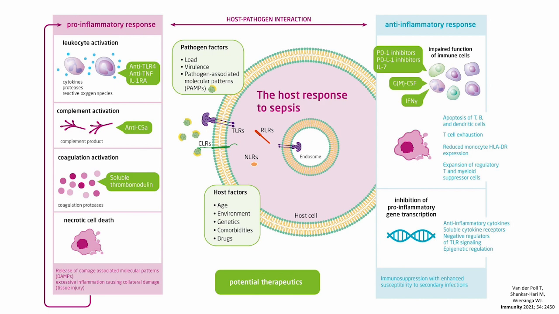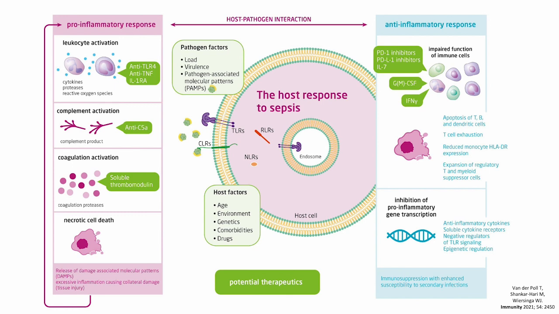This slide represents an overview of immune aberrations that we currently consider to be important for the pathogenesis of sepsis. On the left-hand side, you see pro-inflammatory responses. On the right-hand side, you see anti-inflammatory responses. And you might recognize that the responses depicted on this slide as being part of the host response to sepsis were also on the previous slide as being part of an adequate immune response to an invading pathogen.